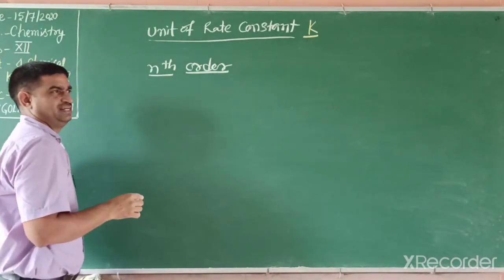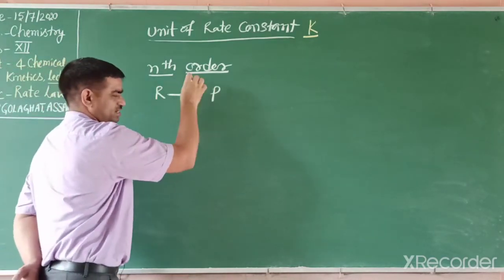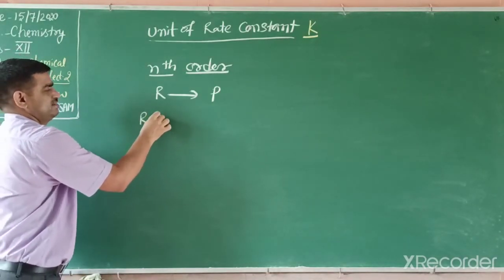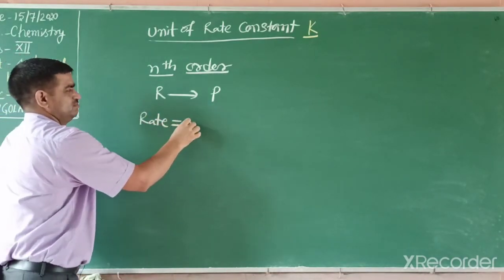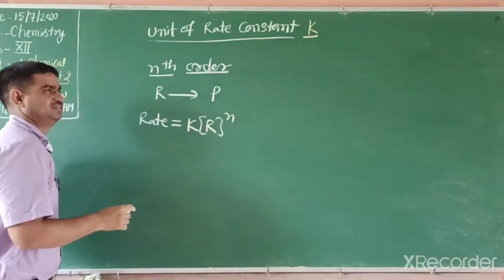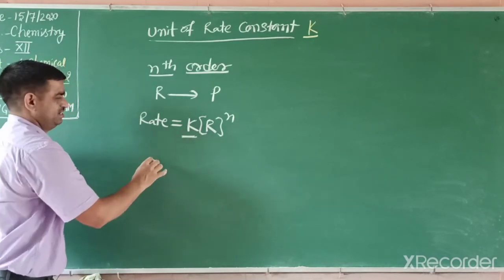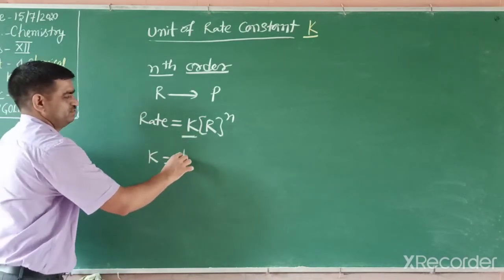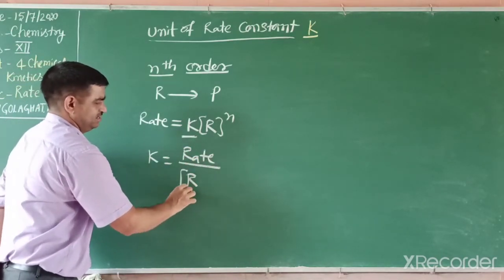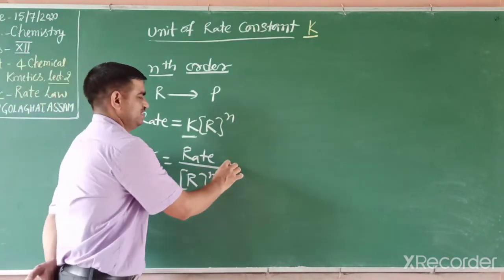So at first we write a general reaction, reactant converts into product. Then we write the rate law, rate is equal to K R power n. So this is the general expression. We want the unit of rate constant K. So K is equal to rate divided by concentration of reactant power n. What is the unit of rate?